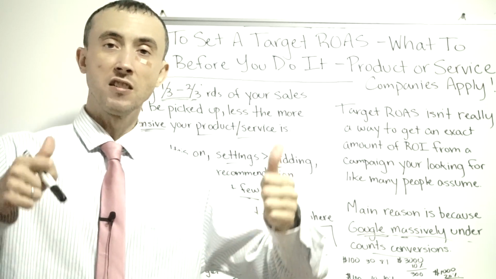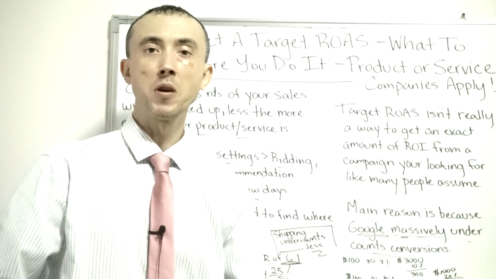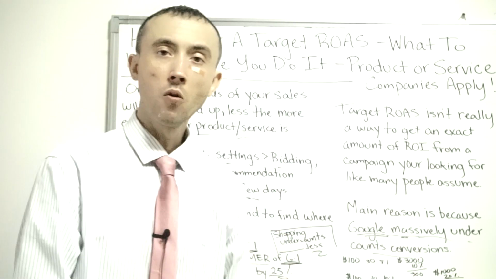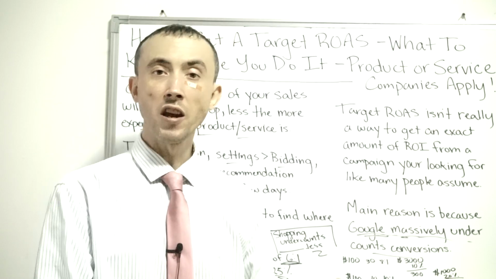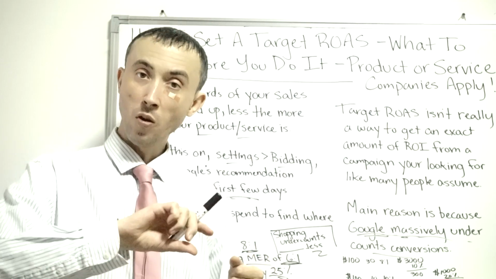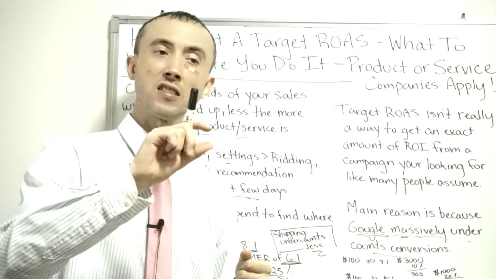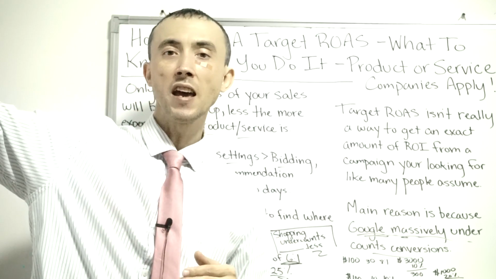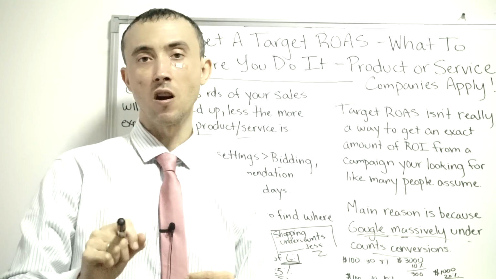And what I'm telling you is, no, you would actually probably make more by lowering your target ROAS, so you start getting more clicks, going back to that dial concept, therefore getting a lot more sales. Yes, you'll have a lower ROI on those sales, but you'll have proportionally so many more sales that it outweighs a lower ROI.